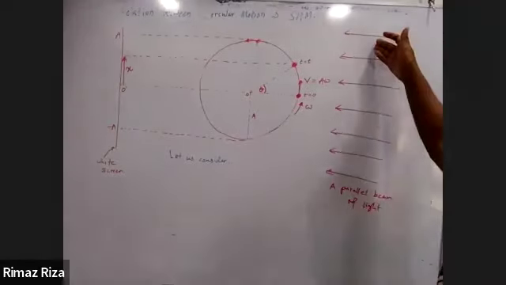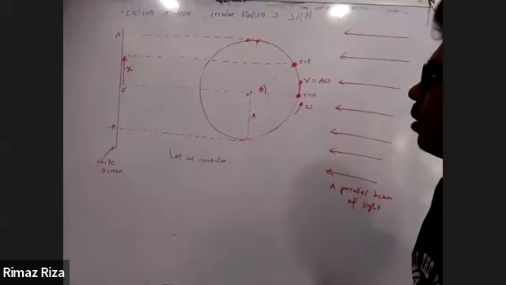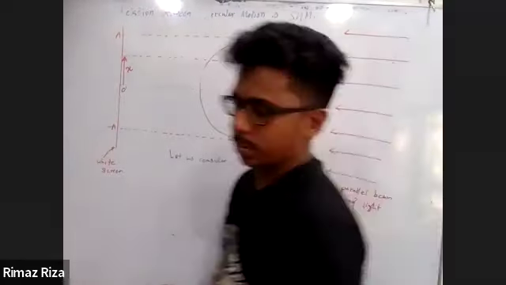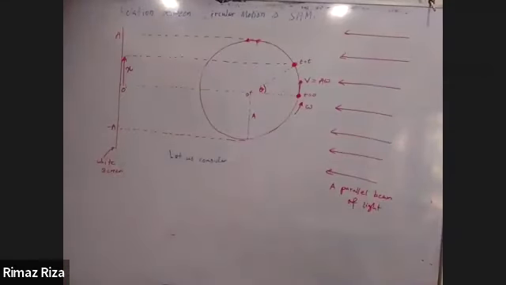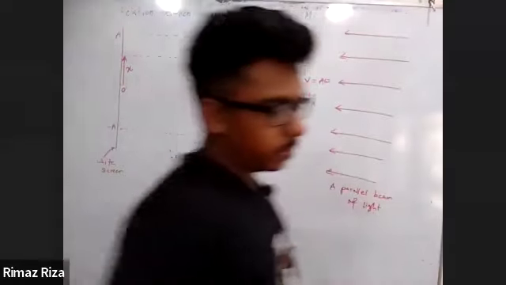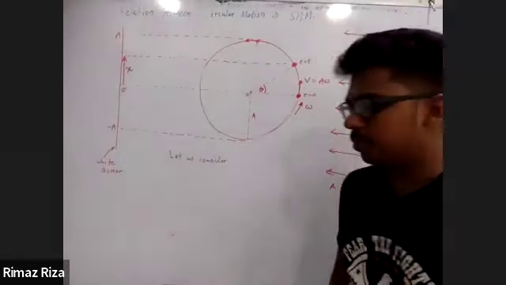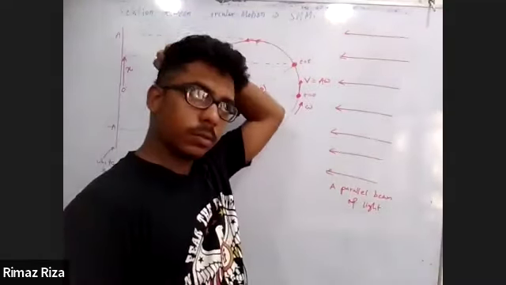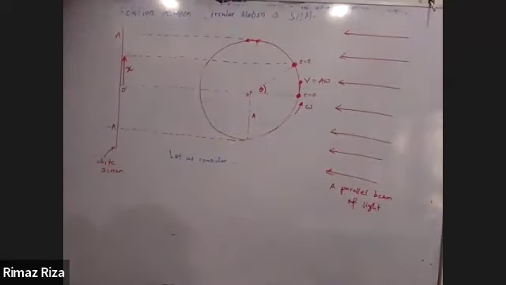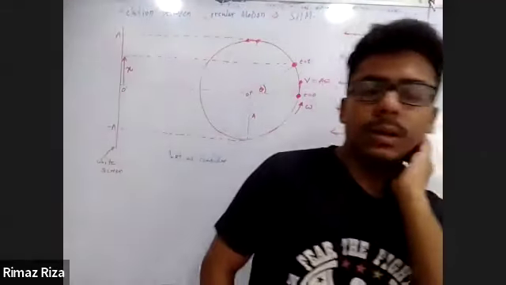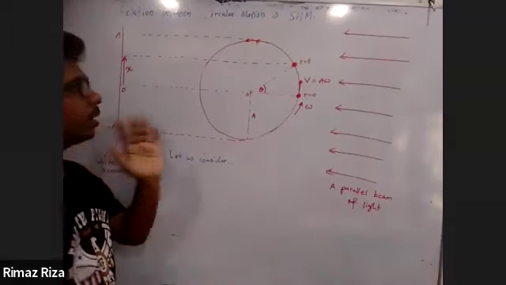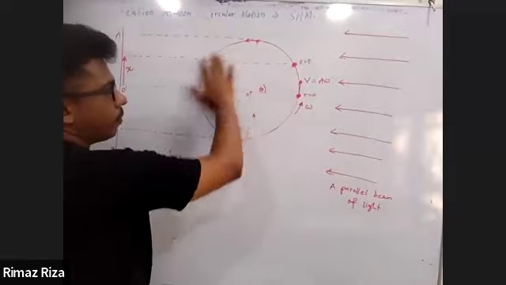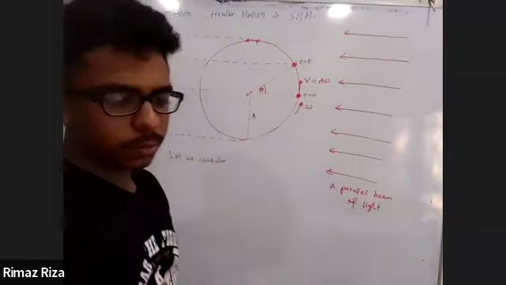Okay, and then a parallel beam of light is incident on the particle, that is parallel to the plane of the circular path.